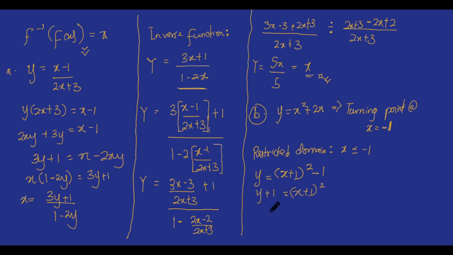That is x plus 1 now becomes the square root of y plus 1, and x becomes the square root of y plus 1 minus 1. So on interchanging x and y, we have our inverse to be equal to square root of x plus 1 minus 1. So this gives us the inverse function as required.